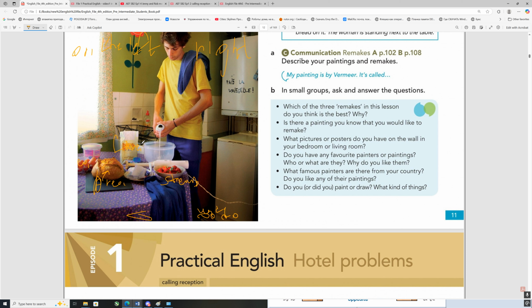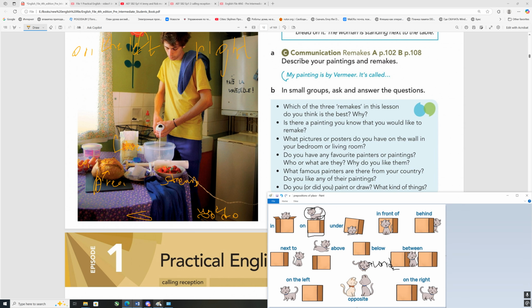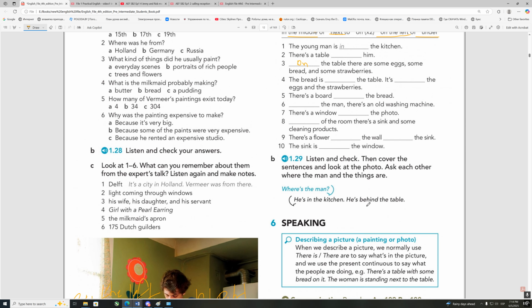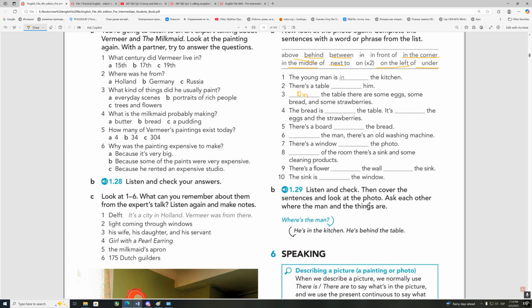Horizontal surface. Okay, this is the picture. It's not in. I don't know. On. It's on, yeah. Okay, then it's the eggs and the strawberries.